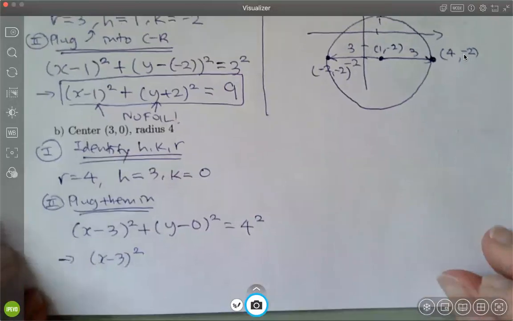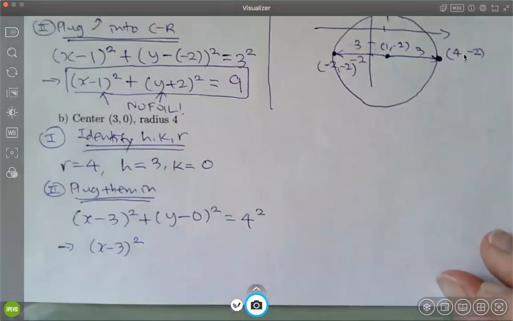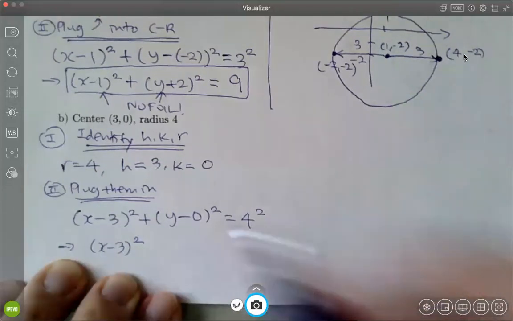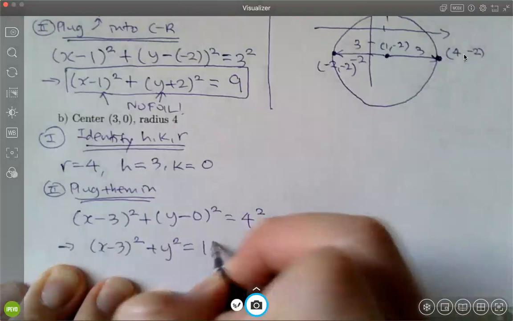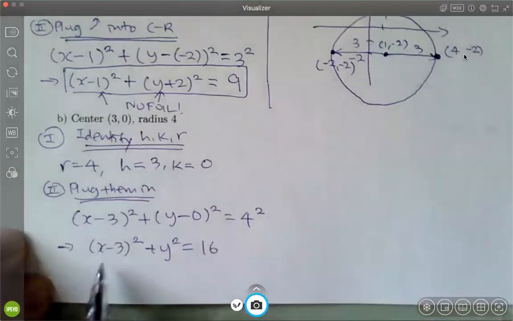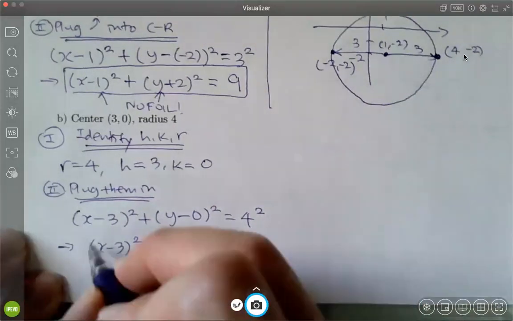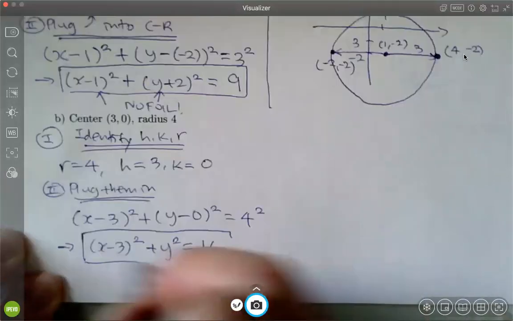What is Y minus 0 squared equal to? Just Y squared, right? Yes. Is equal to 16, okay? And again, we are not foiling this for the center radius. So that's the answer.